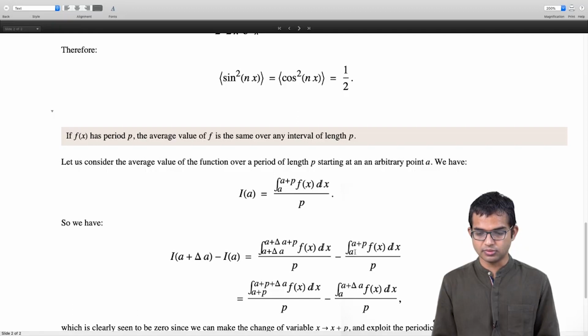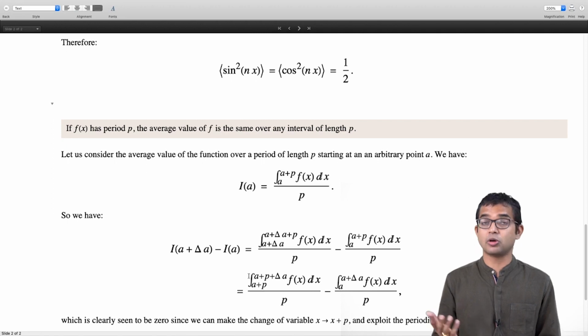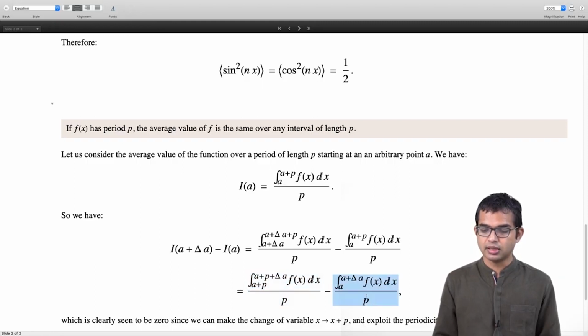So I have these two components, small or big, it doesn't matter, we cannot say because delta a is arbitrary. But it's precisely this component and this component that remain. Now we can argue that in fact these two are exactly the same.